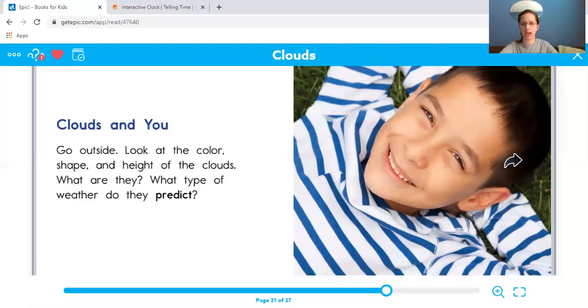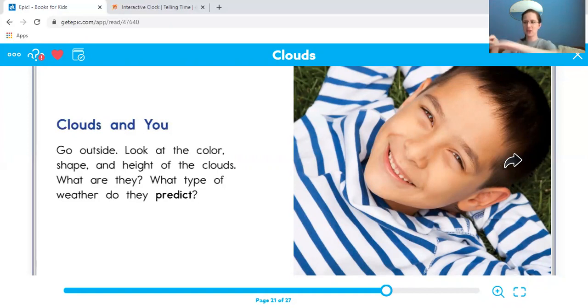Are you seeing a, you ready? Here's our chance to review all three types. Are you seeing a stratus cloud? Remember those high wispy ones? Are you seeing a cumulus cloud, the big puffy white ones? Or are you seeing a, oh, I said the wrong ones, I think. These were cirrus clouds. There we go.